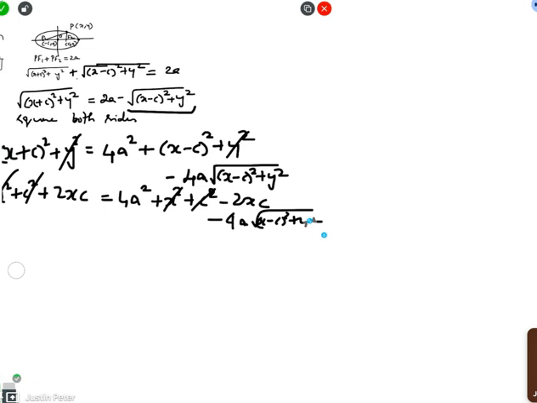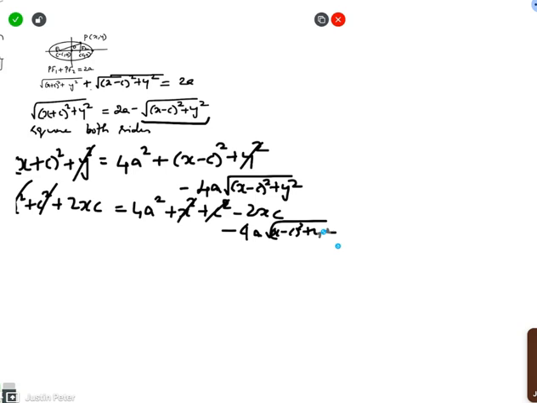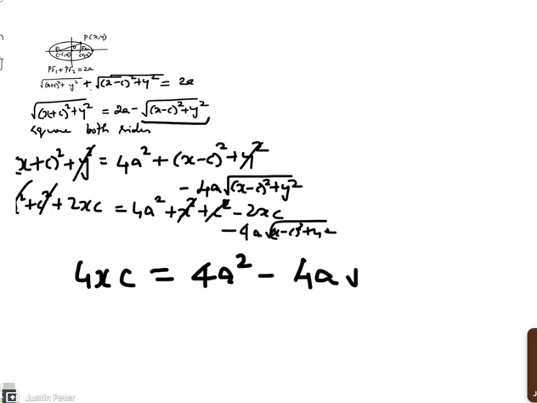If you take the 2xc to the left side, it becomes 4xc is equal to 4a square minus 4a root of x minus c the whole square plus y square. Correct?